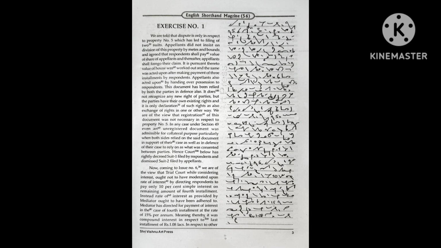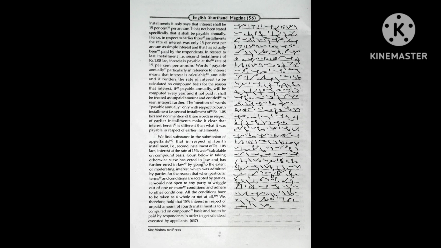The mediator has directed payment of interest in the case of the fourth installment at the rate of 15% per annum, meaning thereby it was compound interest in respect to the last installment of rupees 1.08 lakh. In respect to other installments, it only says that interest shall be 15% per annum.